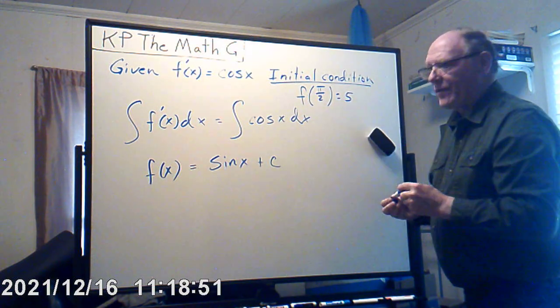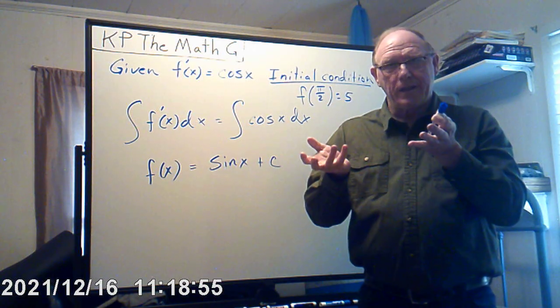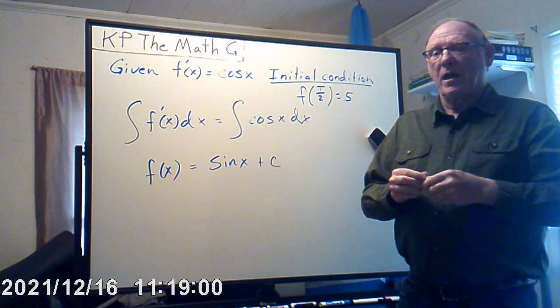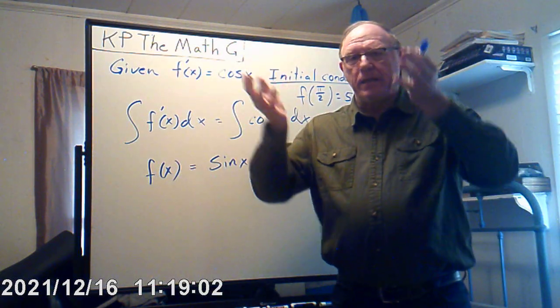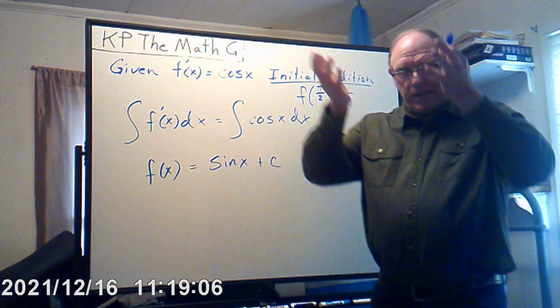It's kind of like if you take the antiderivative of acceleration, you get velocity, and when you take the antiderivative of velocity, you get the distance, or the position equation.